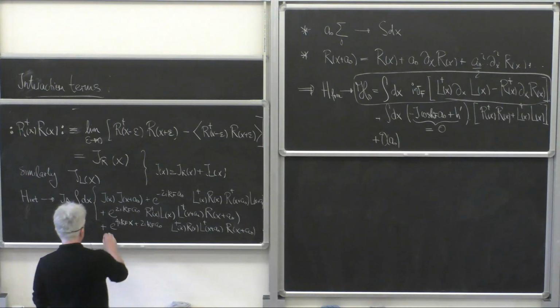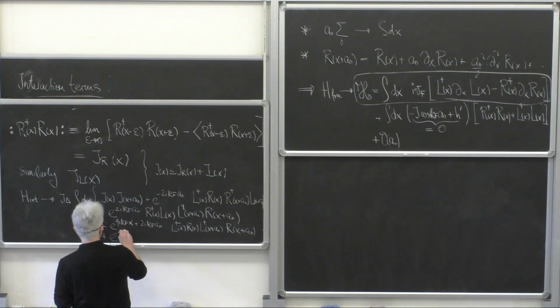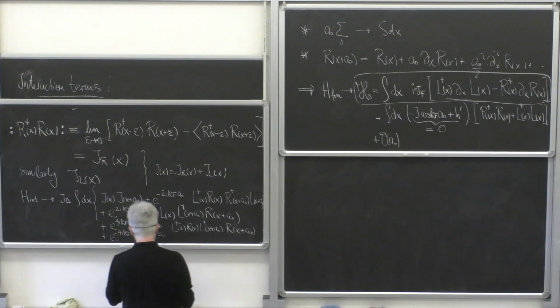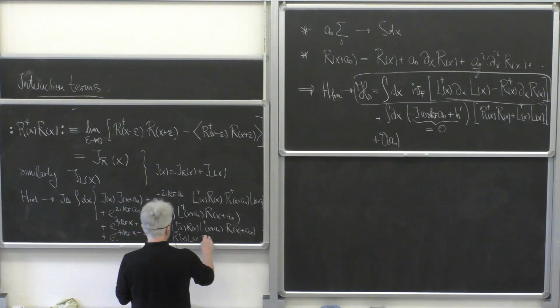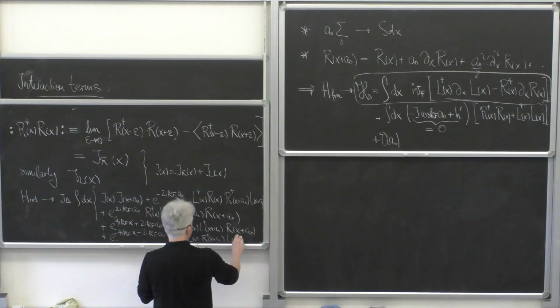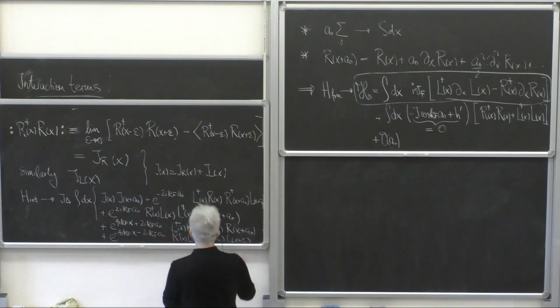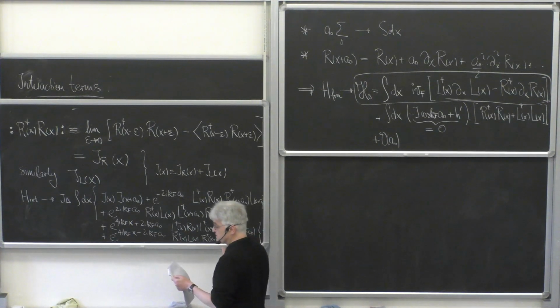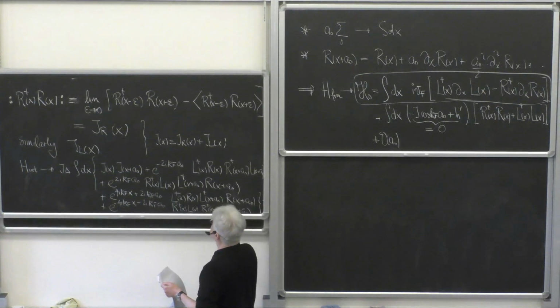And the last one, plus e to the minus 4i kF x minus 2i kF a naught, right dagger x, left of x, right dagger x plus a naught, left of x plus a naught. And that's it.